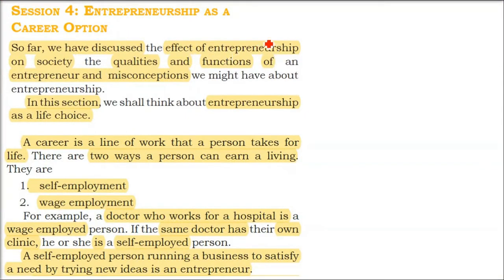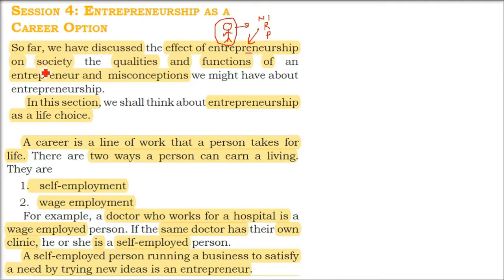So what we have discussed up till now is the effect entrepreneurship has on society. That is, an entrepreneur is a person who has a new idea, who thinks that he can do that business, takes a risk, has patience, and actually helps society.